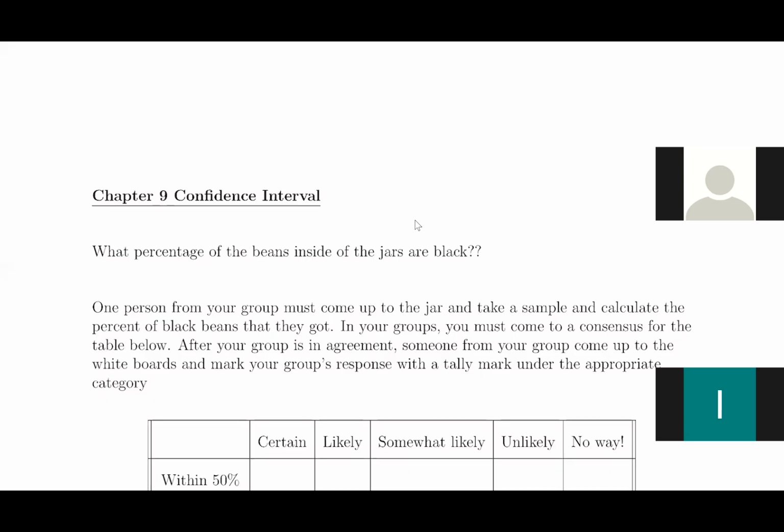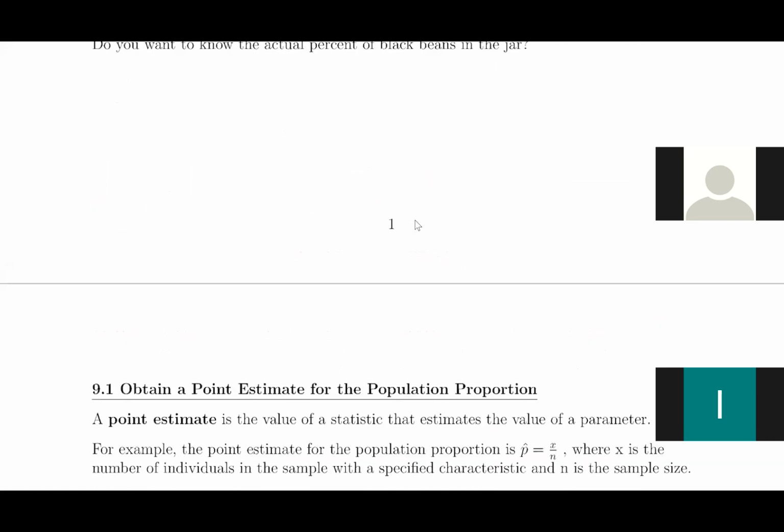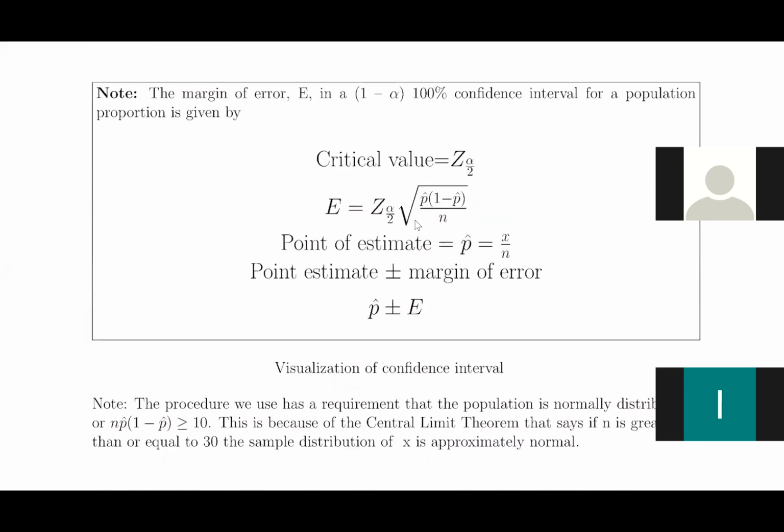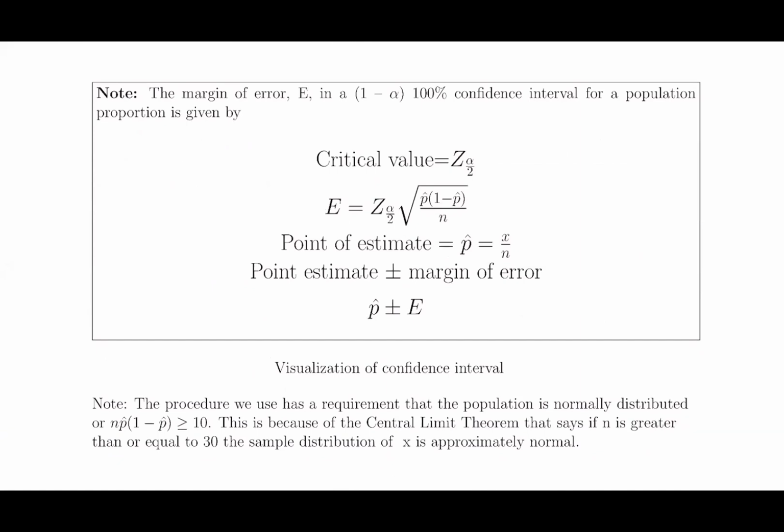All right. So this is how you find the confidence interval for the population proportion.